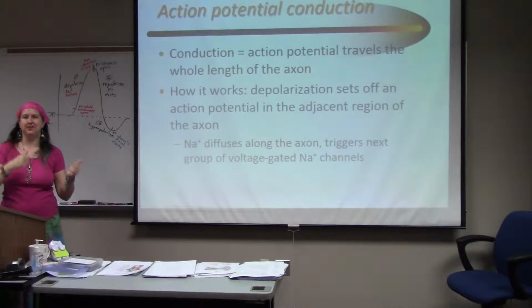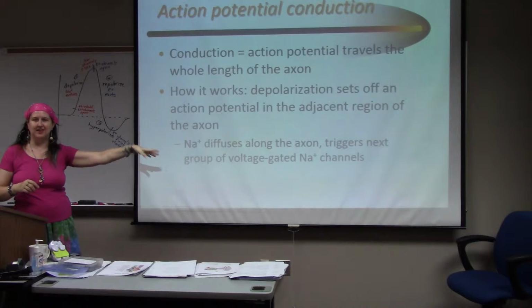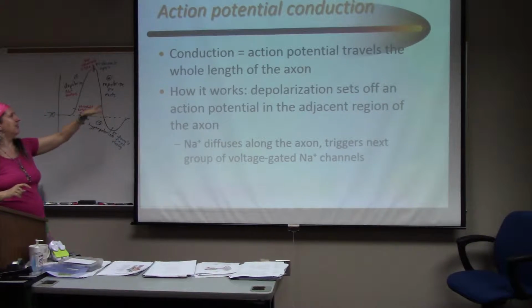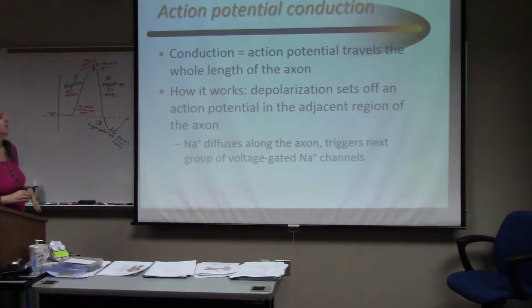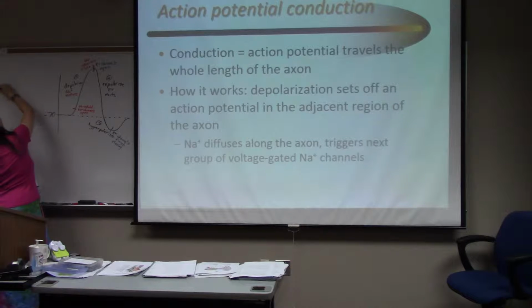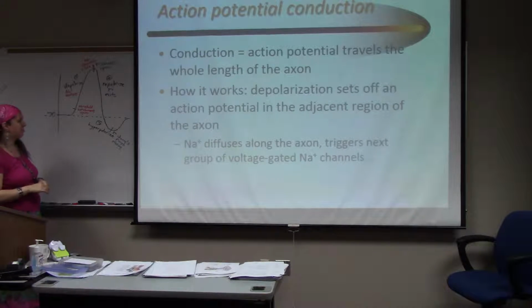Now, how this turns into a message that goes the whole length of the axon and can stimulate the next cell is called conduction. You've got a stretch of axon, you get an action potential here, that's going to cause the next section to have an action potential. And that will go all the way down the line.